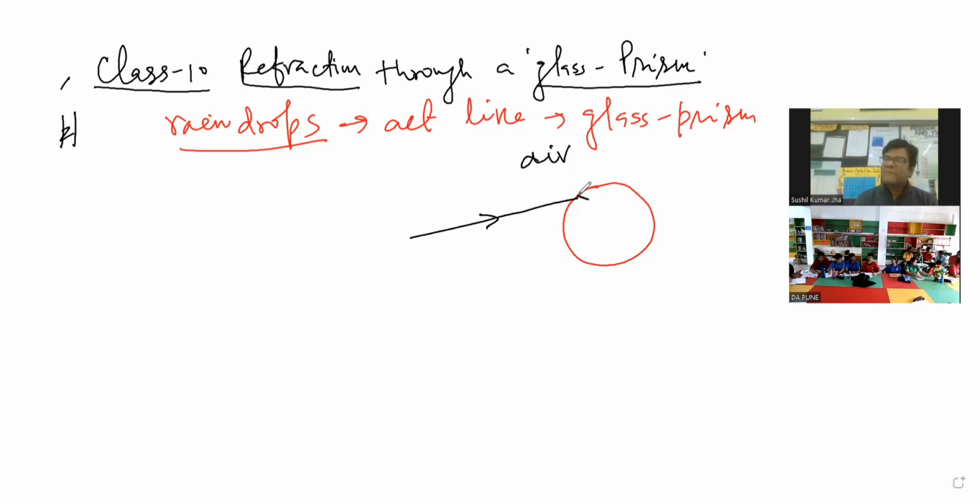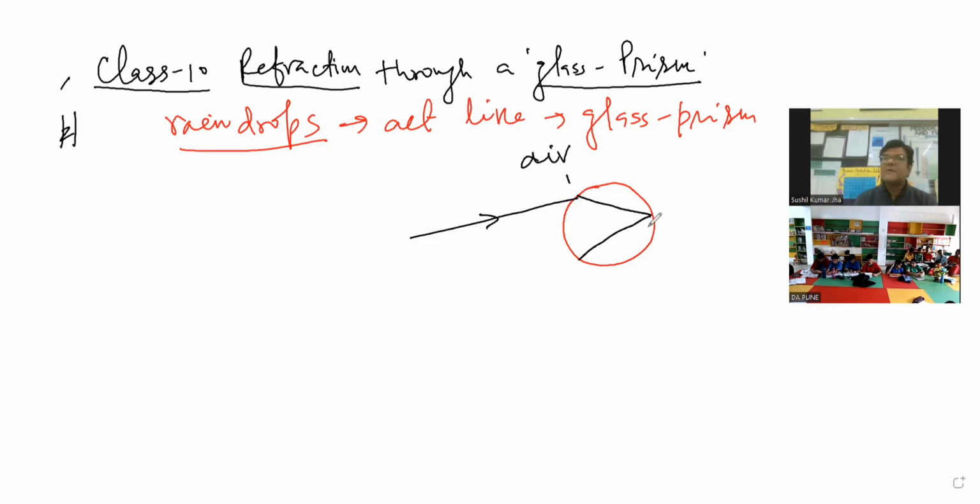So the medium is changing, so it gets refracted over here. And the angle of incidence over here is greater than the critical angle, so in place of moving out, it again gets reflected. First, refraction over here, point number 1.